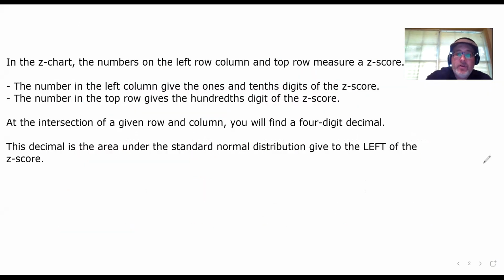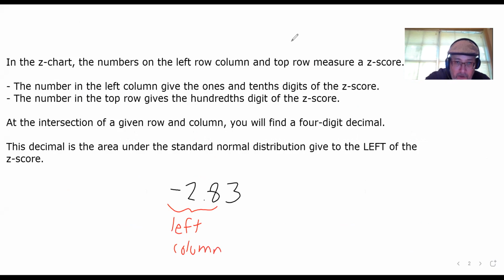So again, when you see something like -2.83, these two numbers are found in the left column, whereas this number is found in the top row. So a z-score accurate to 2 decimal places can determine a row and a column to look up.